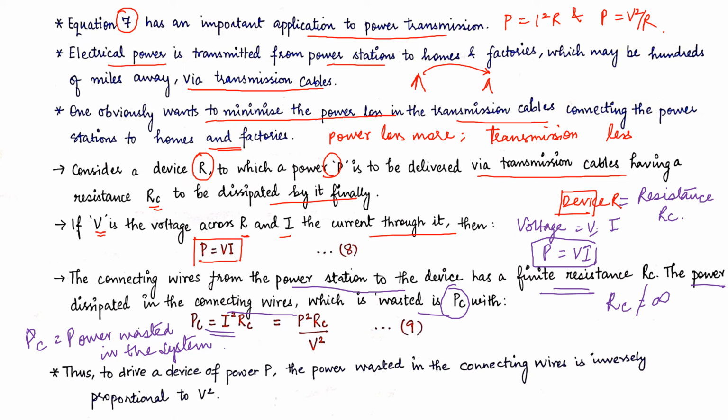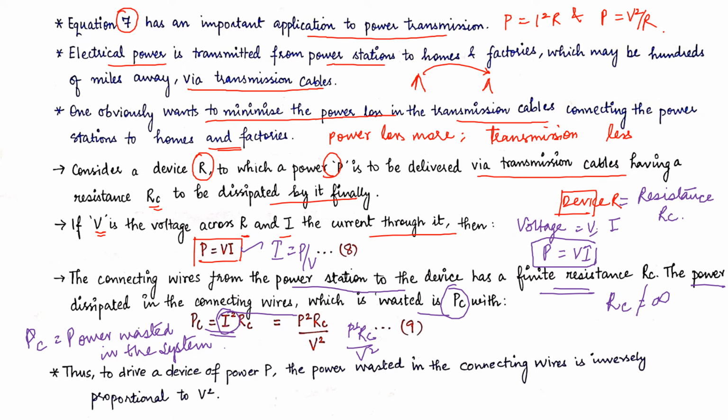So PC equals I square RC, and from this we will substitute the value of I. I is from this equation, I equals P upon V. Here it is I square, so this will become P square RC upon V square.